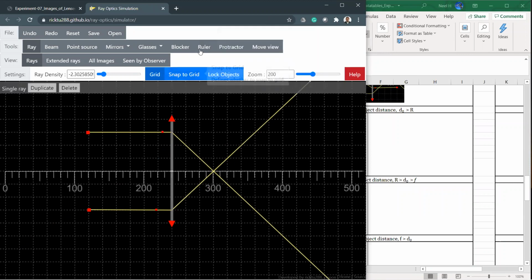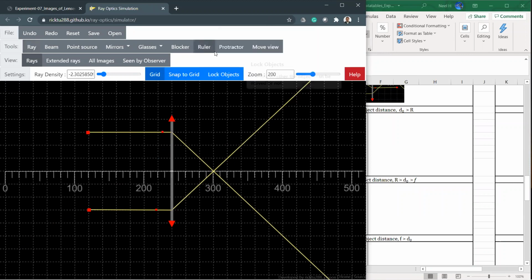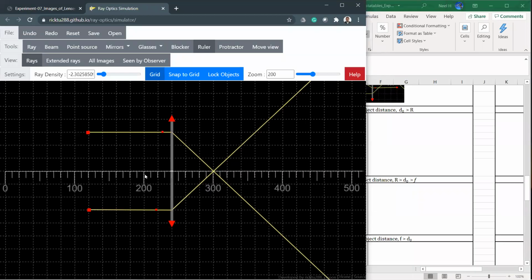To make the object, you can use a ruler, click on the ruler and then draw the object. Now this lens has about a 6 centimeter focal point, so I have to have the object at more than twice the focal point distance. Which means it should be more than 12 segments away, right?